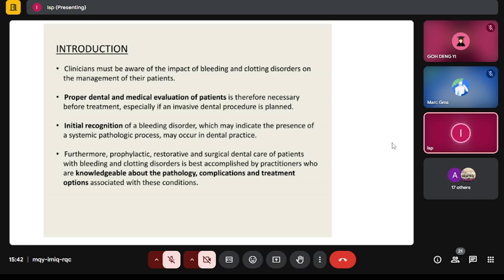That's why it's important to you, especially when there's a planned invasive dental procedure, because there's potential risk of causing bleeding. You need to know why the patient is bleeding, at least what risks are causing the bleeding, and how to manage an acute bleeding episode, what you need to anticipate.